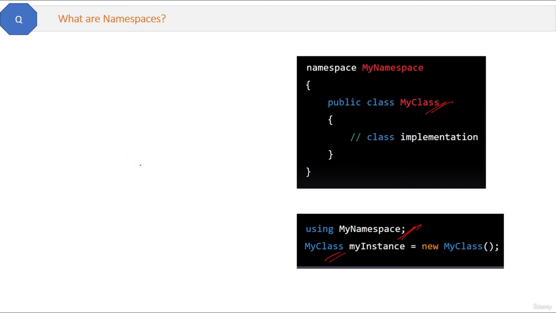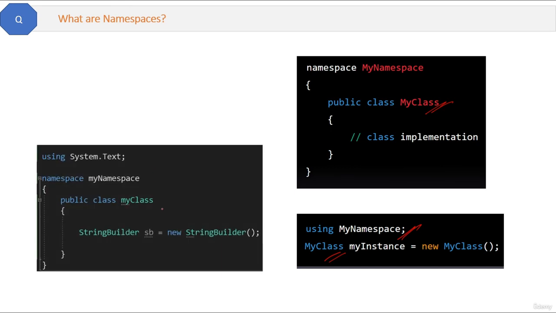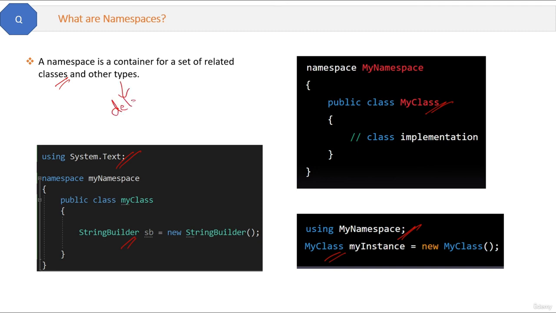One other example I will show. See, we are using the StringBuilder class which is under the System.Text namespace. So the definition of namespace is, a namespace is a container for a set of related classes and other types. Mostly it is used for classes, but sometimes you can also declare delegates or something like that inside namespaces. That is what the other types are here.